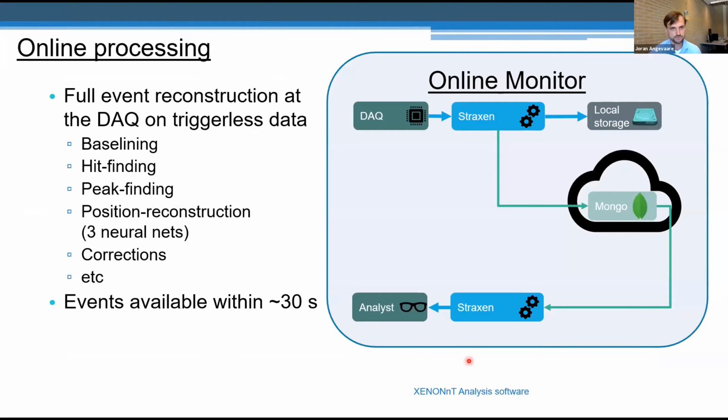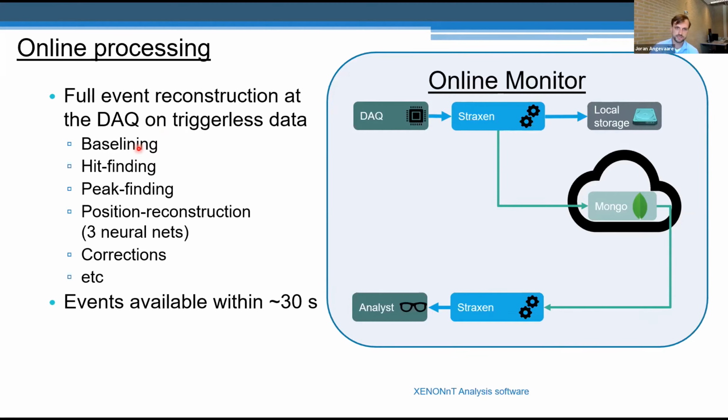But in order to, we actually also do this online processing live on the entire XENON data. So that means that we're at the DAQ level already doing a full reconstruction of our entire data chain. So going from the raw signals all the way to these events.